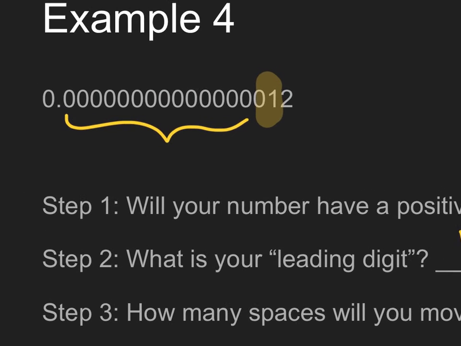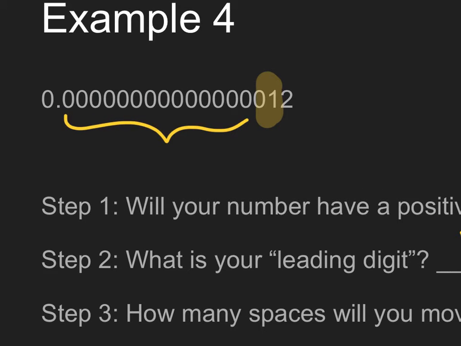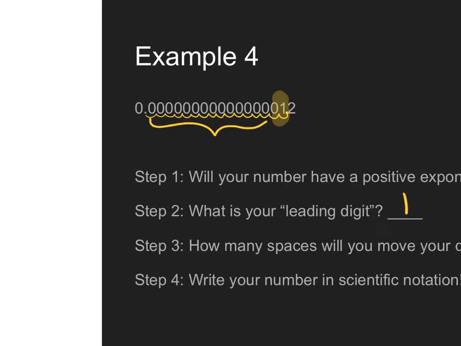Let's zoom in. And this is a part you want to be really careful with, because if you get this wrong, the whole number is written wrong. 1, 2, 3, 4, 5, 6, 7, 8, 9, 10, 11, 12, 13, 14, 15, 16, because we want that 1 to be our leading digit. We need a number there. We can't have a 0.